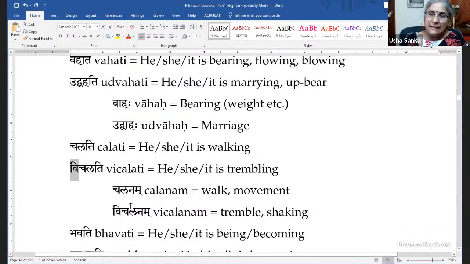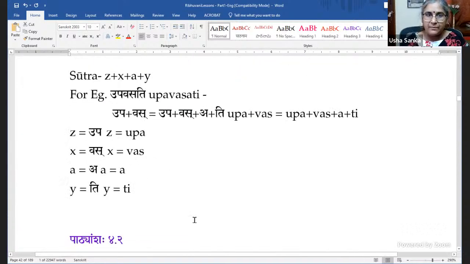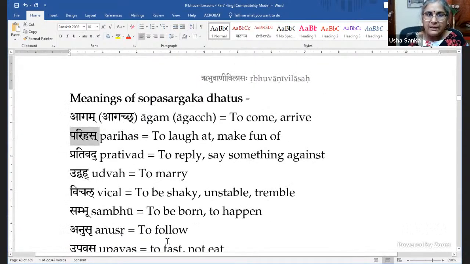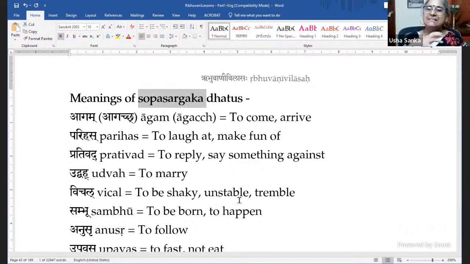The technical term for this kind of dhatu is sopasargaka. I made it, okay? Sa upasarga dhatu. The dhatu which has the upasarga. I made it from the language, I know I didn't make it newly, but I like it.